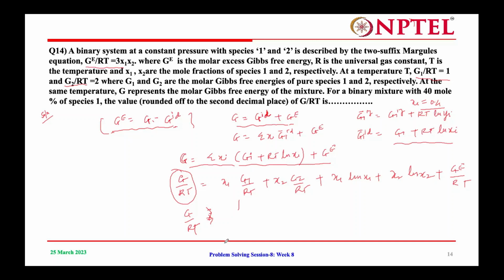If you calculate, tell. 1.65. Getting or not? G by RT equal to 1.65.